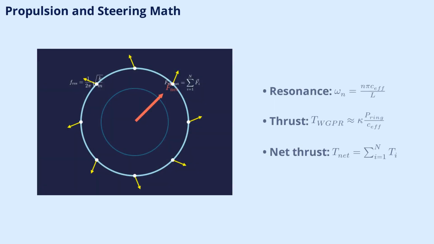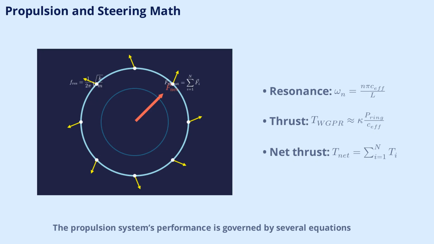The propulsion system's performance is governed by several equations. The waveguide propulsion ring's resonance is ω_n = nπc_F/L, where n is the mode number, c_F is effective wave speed, and L is ring length.